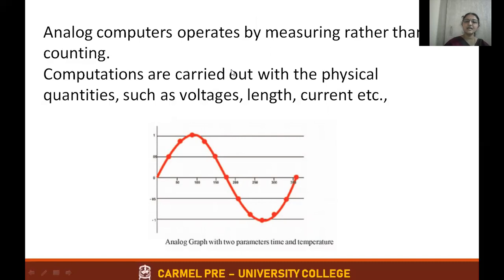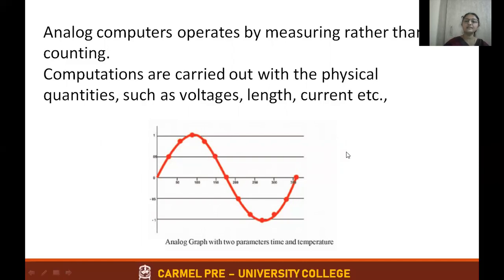You can write this. And look at how a sine wave is represented. It's an analog graph with two parameters, time and temperature. If you take one axis as time and the other as temperature, it can be shown with the help of measuring. This is just an example of an analog waveform.